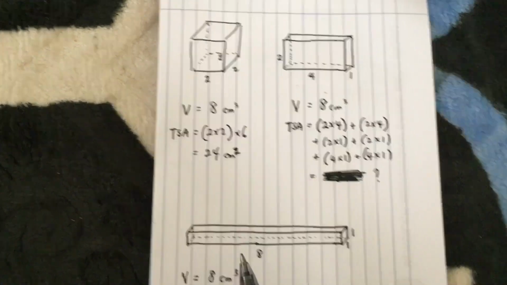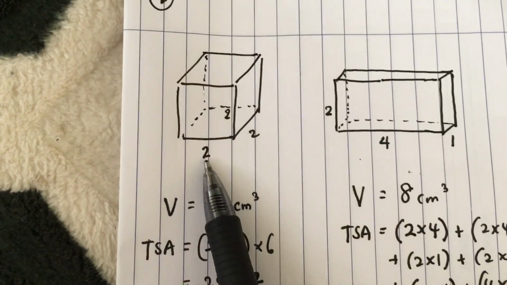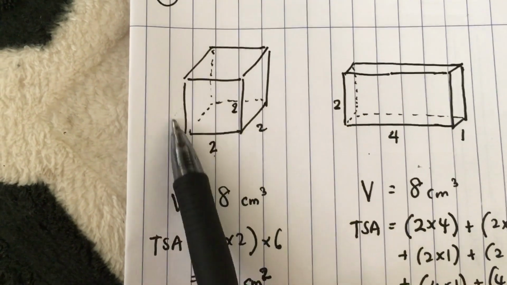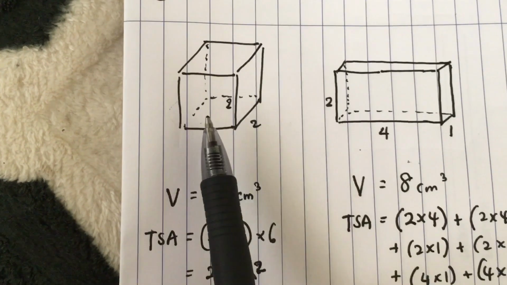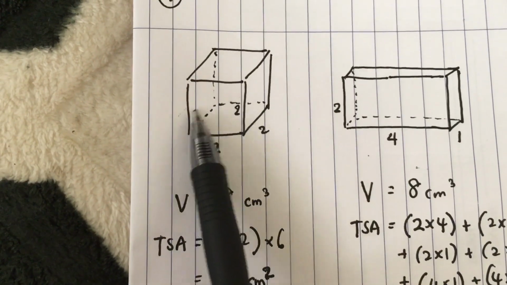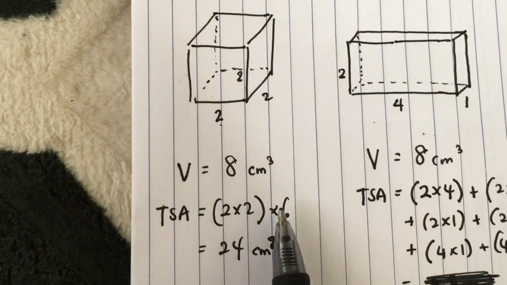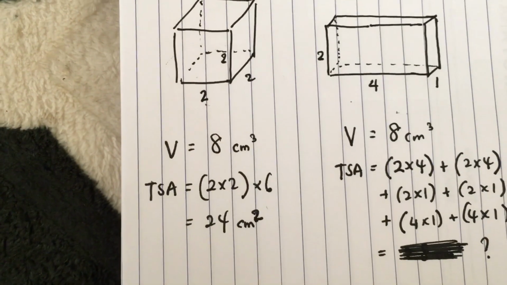Okay, jumlah luas permukaan. So over here we have 2 times 2 for this area. Okay, we get 4, correct. And because we have 6 surface, disebabkan kita ada 6 permukaan yang sama, jadi kita darab 6, we get 4 times 6, we get 24.